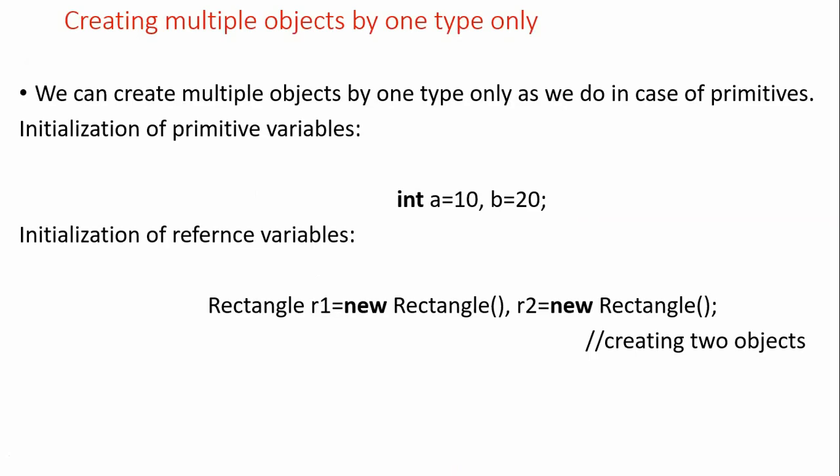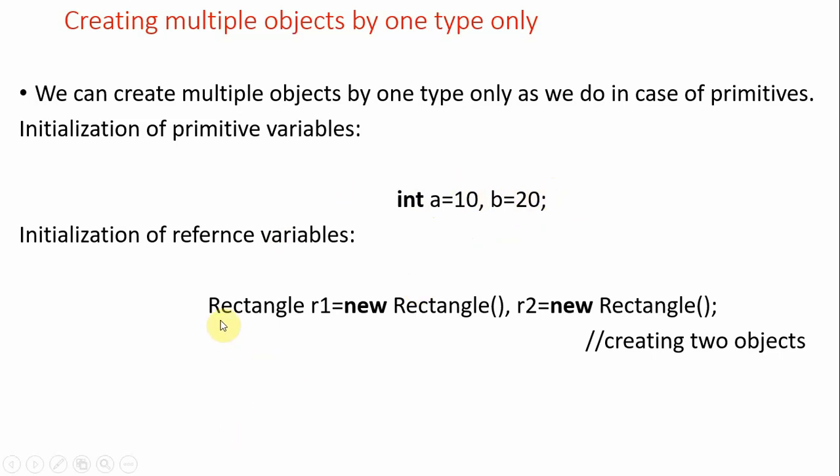You can create multiple objects by one type only. If you take variables, int a, int b, they are separated with a comma. So int a equal to 10, b equal to 20: int is the type, a is a variable, b is a variable. That means we define more than one variable with the same int data type, separated with a comma. These are normal primitive variables, but the same is also possible with objects.